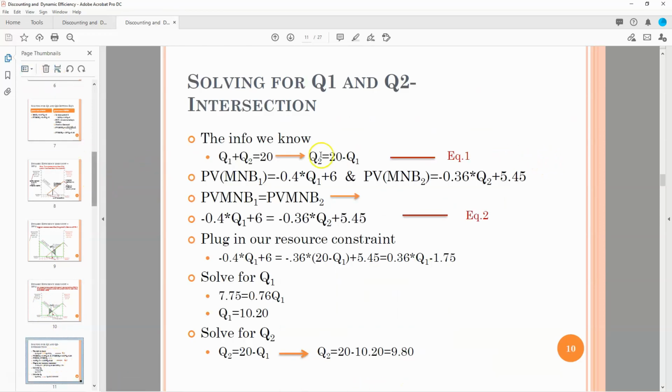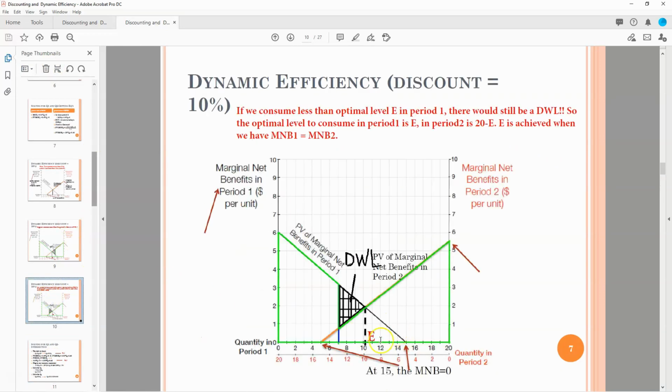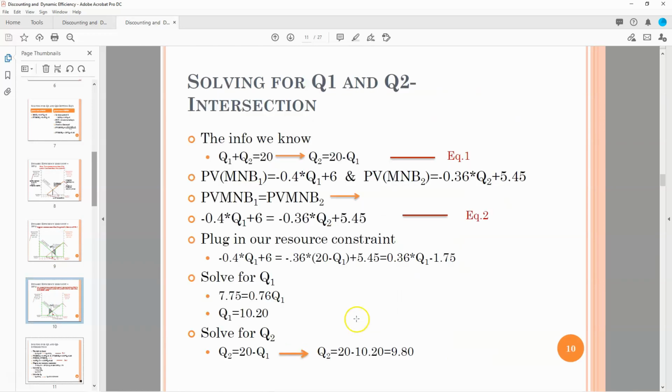Then we do a little math to see how we get the exact quantity to consume in period 1 and period 2. We suppose there are only 20 units, right? So the total units we can consume in 2 periods should be equal to 20.